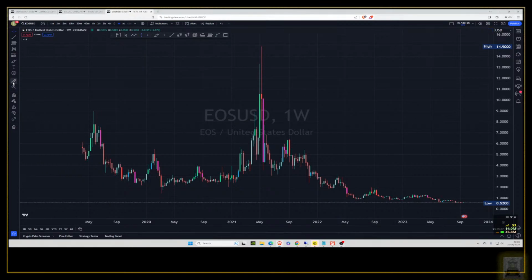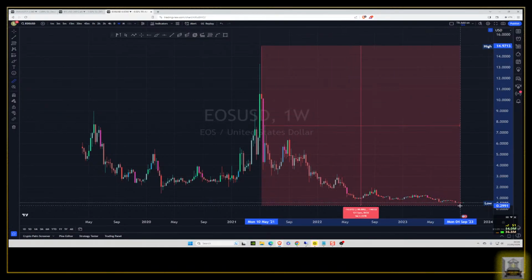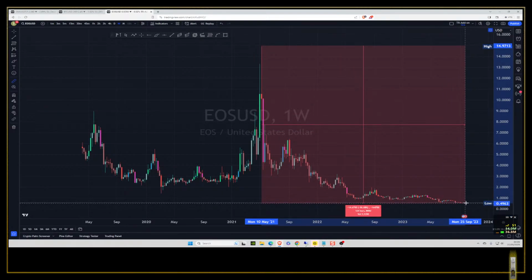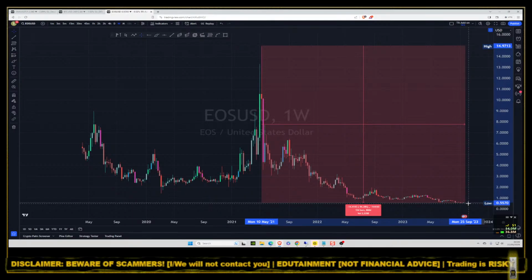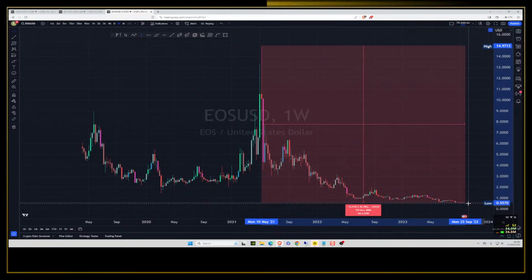Now, if I take a ruler from here, that is a measurement ruler, and I pull it down to what it currently is, which is 0.577 cents, you find that you have over 96.3%. So imagine when the bull market is back, these are coins that could rally.